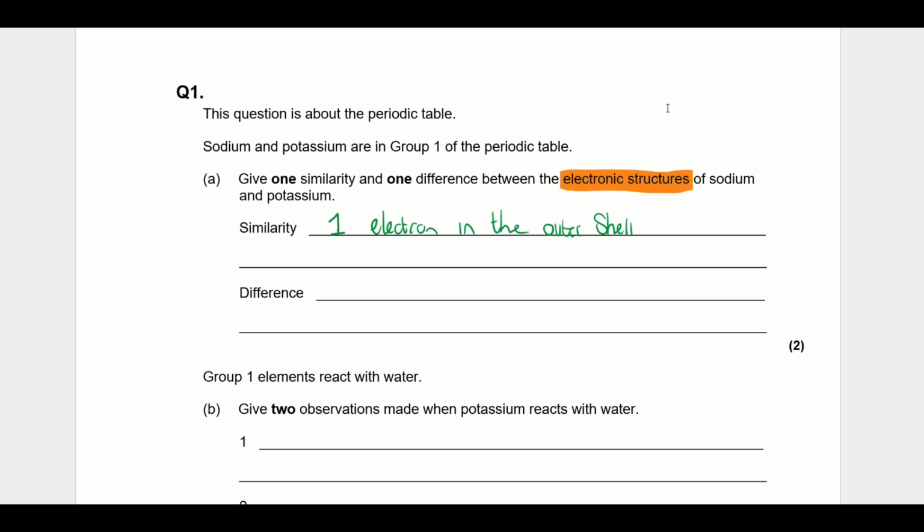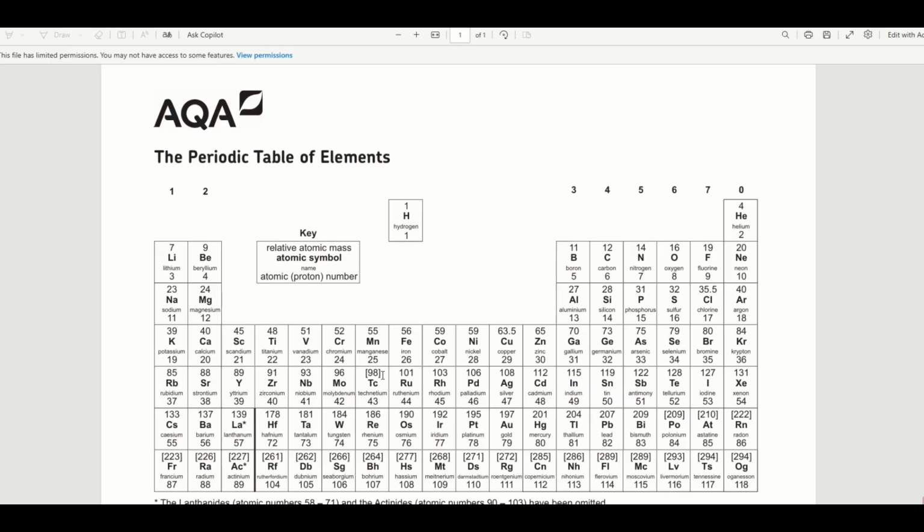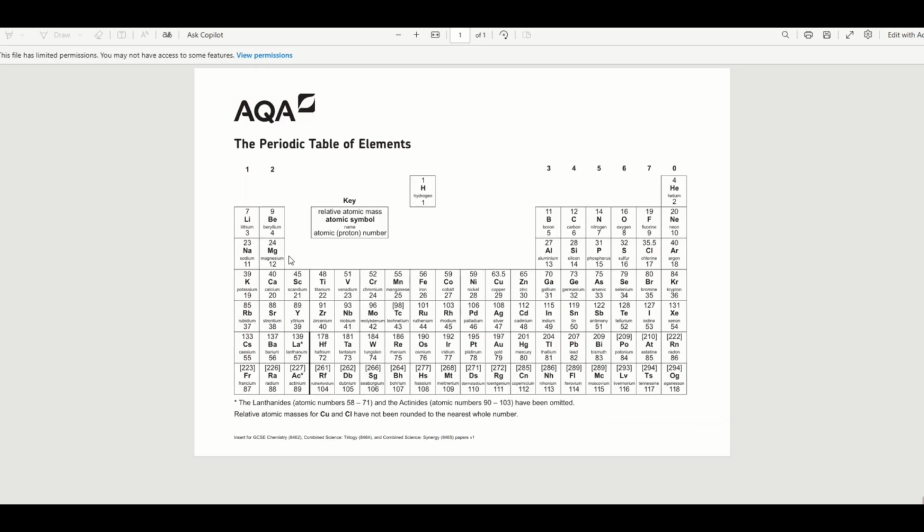Now if you look at your periodic table, they're not going to be in the same period. So what I mean by that is they're going to be in different rows. So sodium is in row 2, potassium is in row 3, rubidium's in row 4, lithium's in row 2. That means they're going to have different numbers of shells.